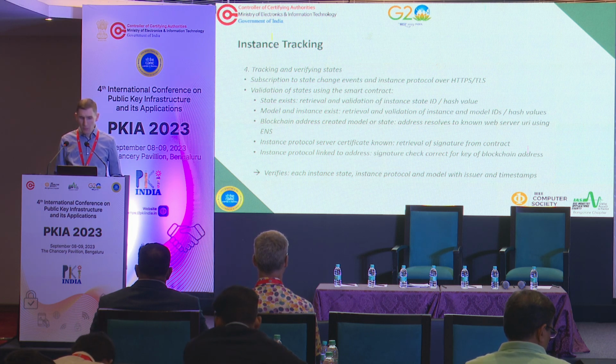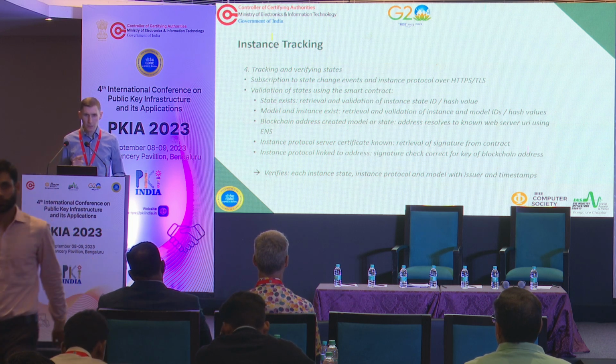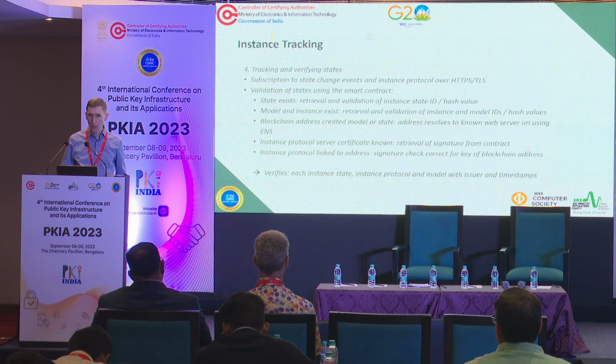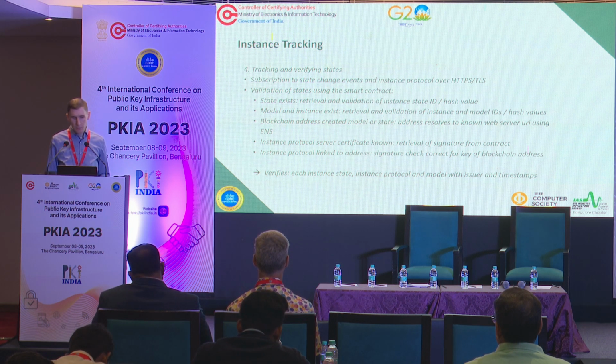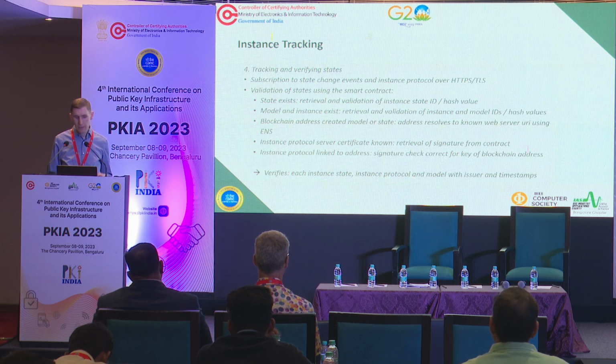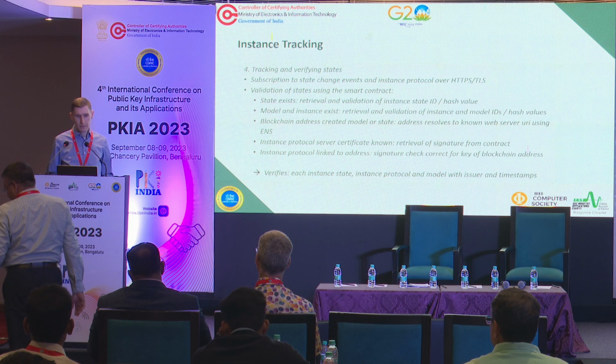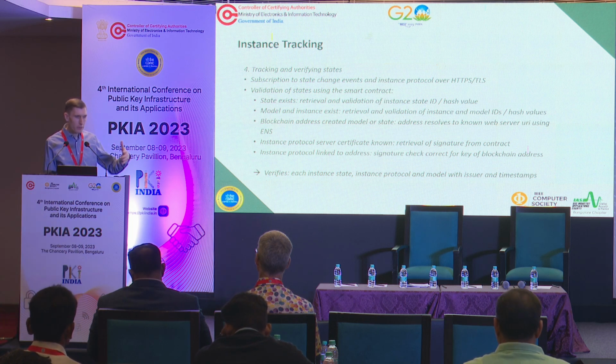The same we do with the model and instance. So we have the state. We have one instance run, which consists of several states, and we have the whole execution model, which defines the program. And then we have also model and instance state verified. Then we verify the blockchain and address that it was created with the initial address that the issuer used.